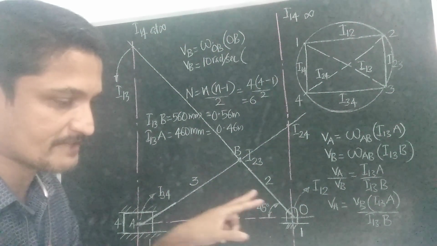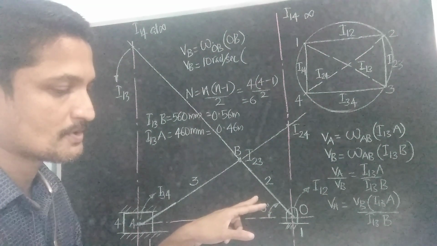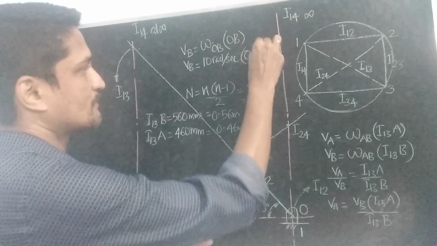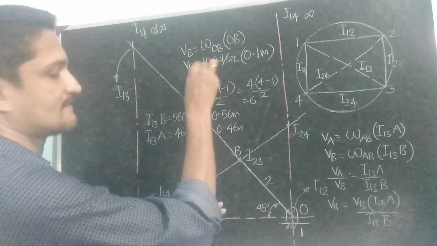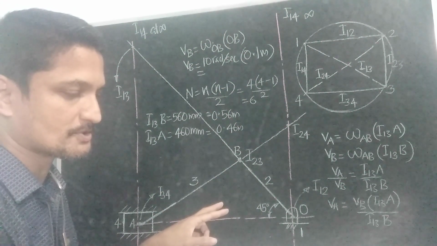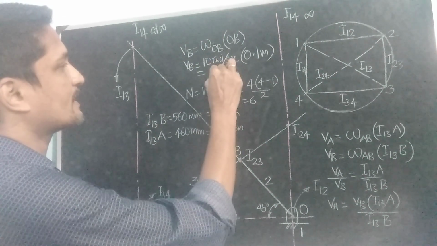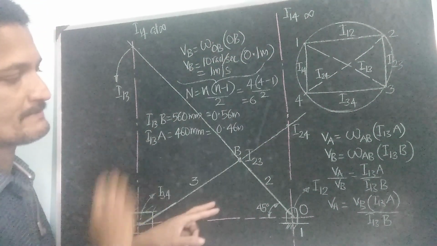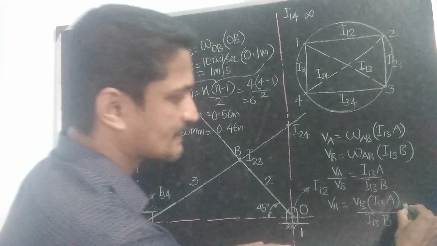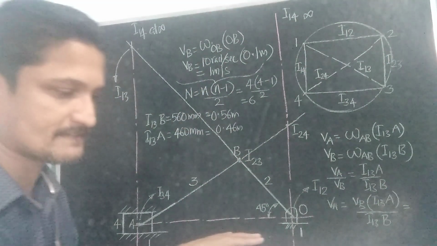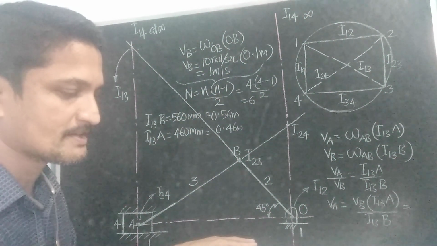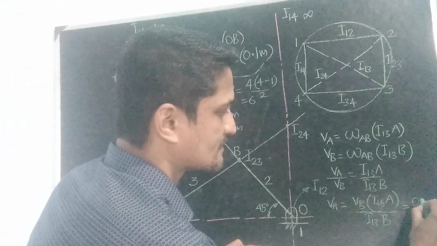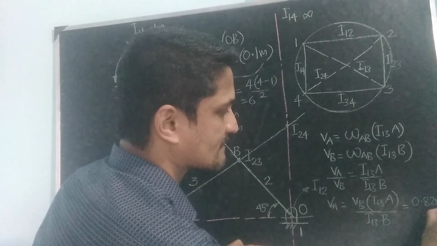OB is already given as 0.1 meter. So VB is equal to 1 meter per second. Then by substituting that value here, we can easily find VA is equal to 0.82 meter per second.